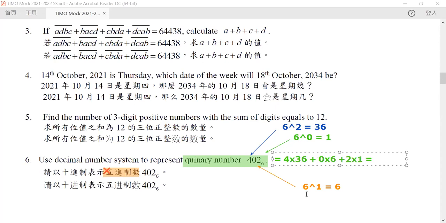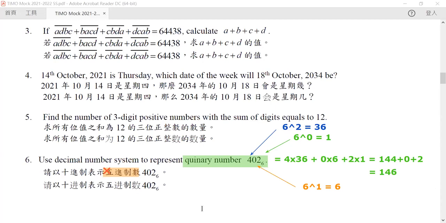So 4 times 36 is equal to 144, plus 0, plus 2. Hence our answer is equal to 146.